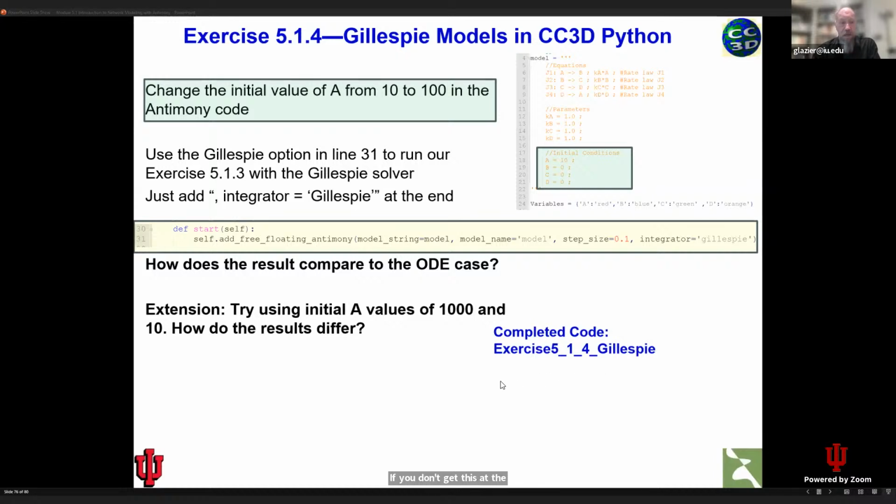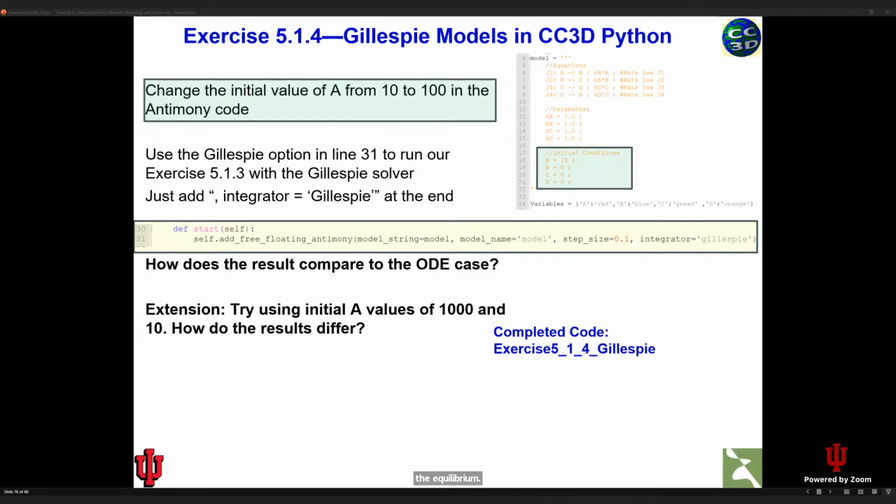But for the people who got this working, try it out. If you want to load the code, it's exercise 5_1_4 Gillespie. And I'd like to ask, if you do it, how does it differ? And then you could also try changing the initial value here of A, try 10, try 100, and try 1,000, and see how it differs. You see, if you make it 1,000, it's not that different from the continuum approximation. If you make it 10, it looks very different.